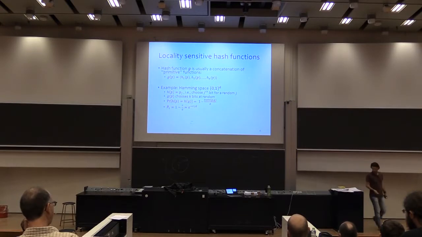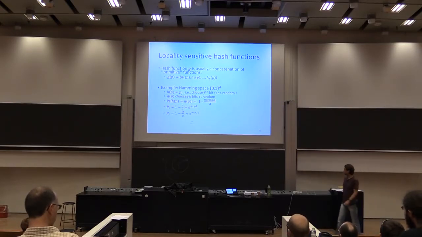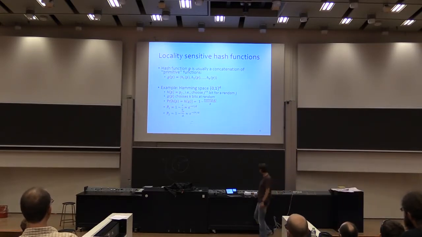The shell. Okay, so the same computation for P2. P2, again, is the probability of collision for points that are far, at a distance at least cr. And again, using this approximation, this is essentially equal to d to the minus cr divided by d.